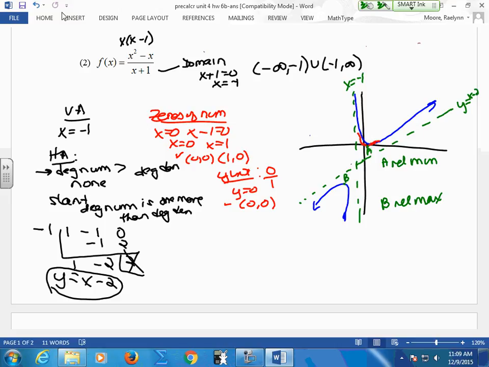Okay, my relative min. Can everybody find their relative min? Okay, so your relative min should be at, how many decimals do you have to give me? 3.